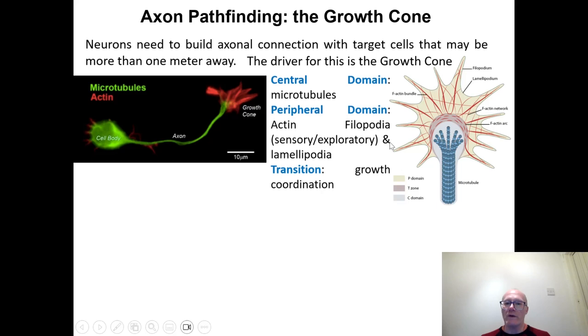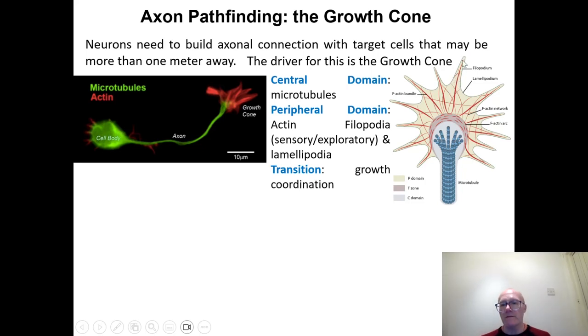In the growth cone we recognize a central region. This central region harbors microtubules, and these microtubules run all the way along the axon toward the cell body. We have an external region which is called the peripheral domain. In this peripheral domain, here in yellowish, we find the filopodia, which are rich in actin.